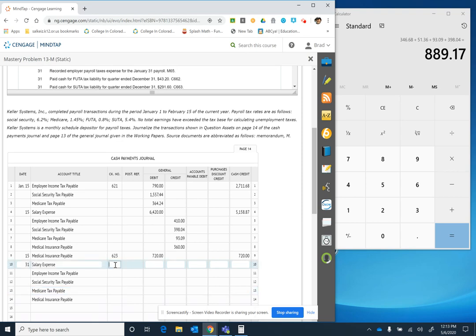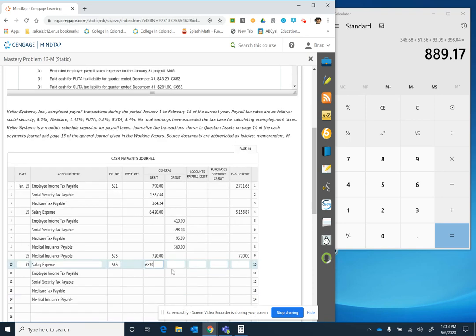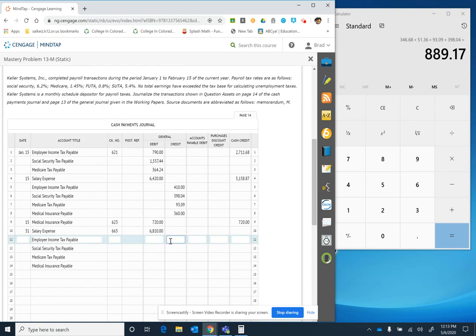So this check is going to be $663, and then our gross earnings are going to be, as it states up above, $6,810. So we'll go ahead and start recording these. We've got our income tax payable. It tells us the amount is $445 here. We're going to withhold this. It's going to be the same amount, $360 down below for this end of the month.